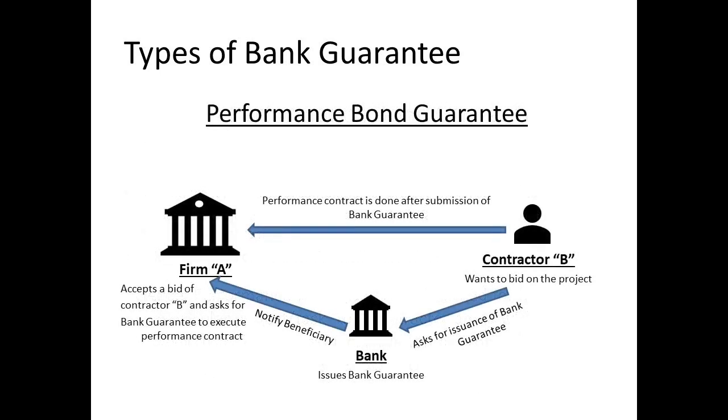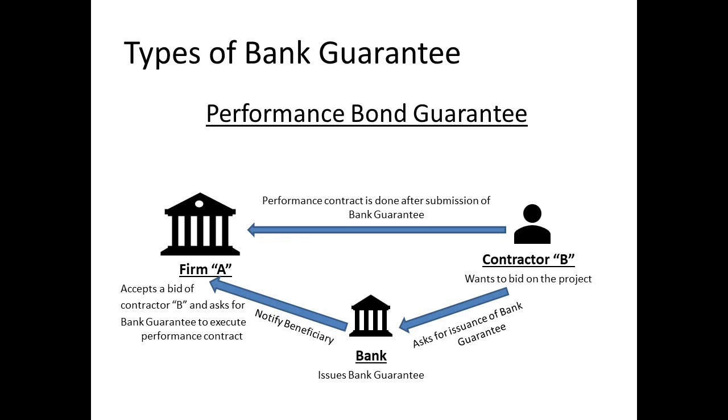For example, let's assume the bid of $1 million made by contractor B from the previous example is accepted by Firm A. Now, Firm A will ask contractor B to provide the performance bond guarantee amounting to 10% of the total project value that B has bid for, that is 0.1 million, as a security.